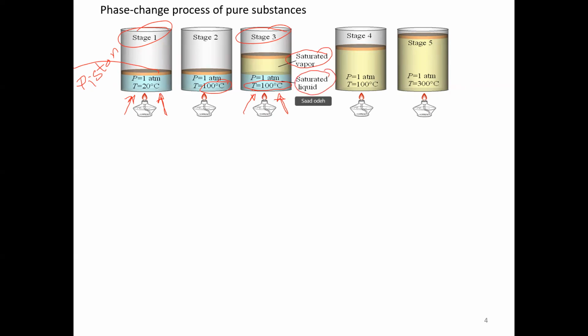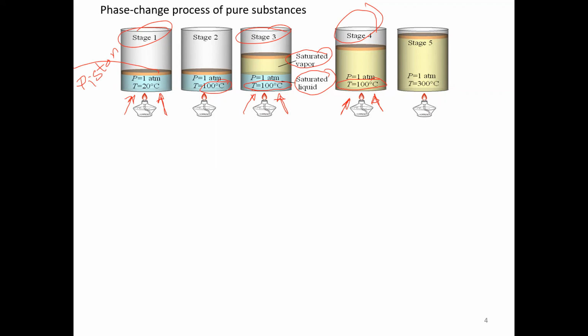While we add more and more heat, more liquid changes phase to vapor until we reach completely vapor in stage 4. At 100 Celsius, the whole liquid has changed to vapor.